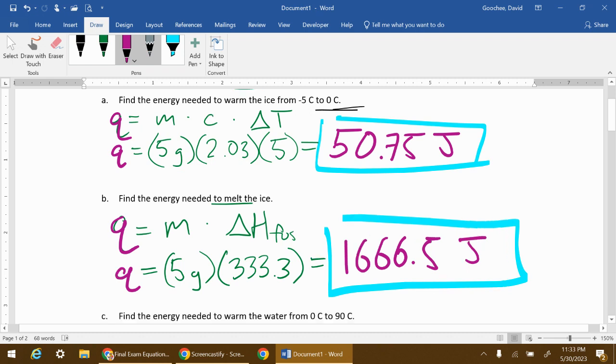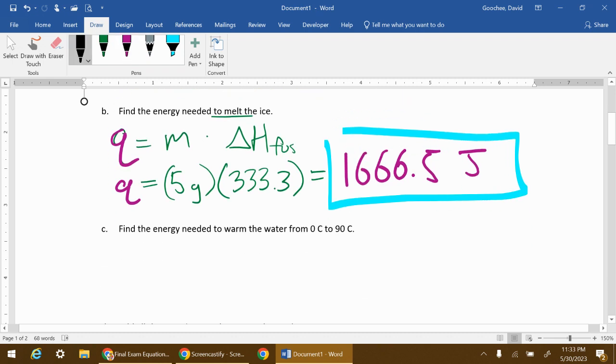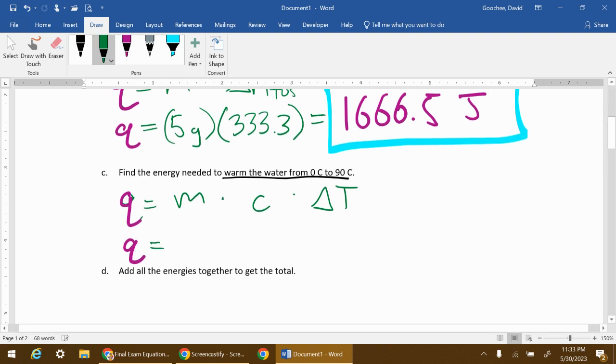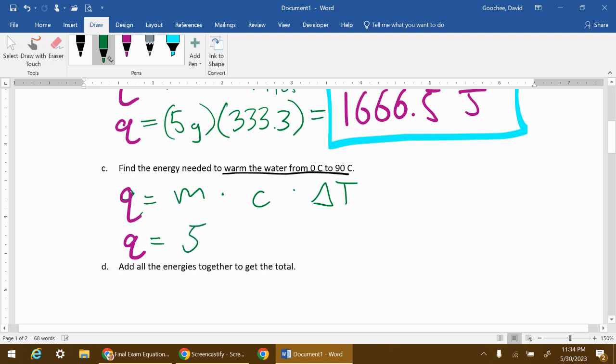Now the second to last step is we need to know how much energy it takes to warm the water from 0 degrees to 90. That's another temperature change, Q equals M times C times delta T. We're looking for the energy. The mass of this substance is still 5 grams; 5 grams of ice, surprise, melts into 5 grams of water.